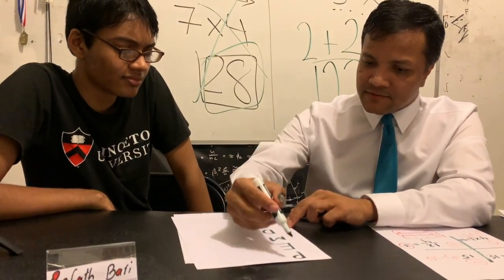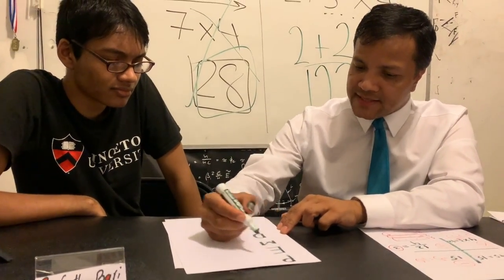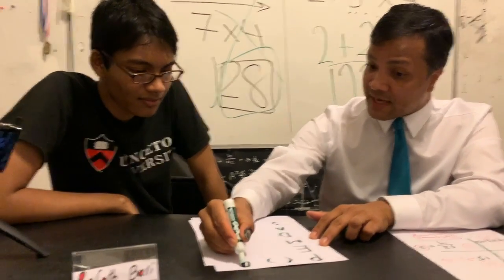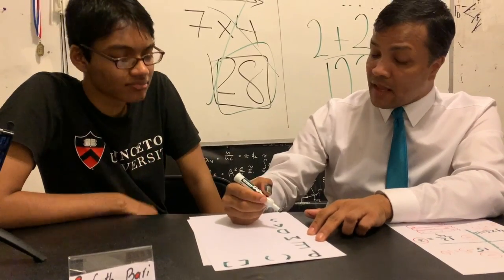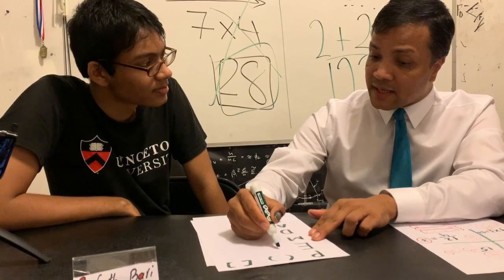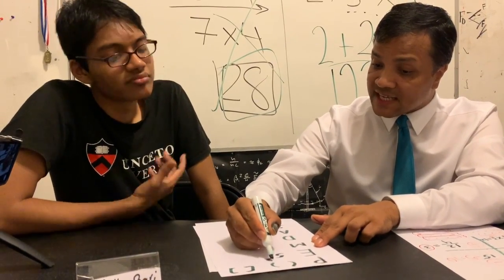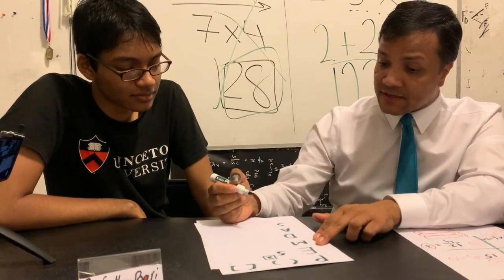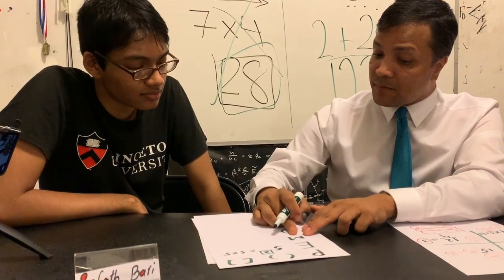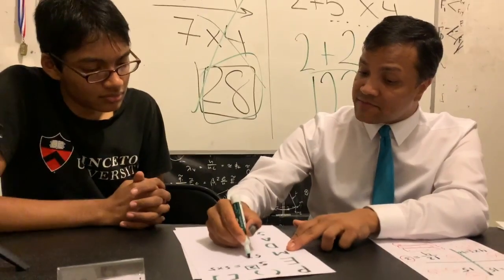All right. Now let's write them out. Parenthesis is like this, or maybe brackets. Exponent. An example of an exponent could be 5 squared, which is 25 because 5 times 5. Multiplication. An example of multiplication can be 5 times 3.